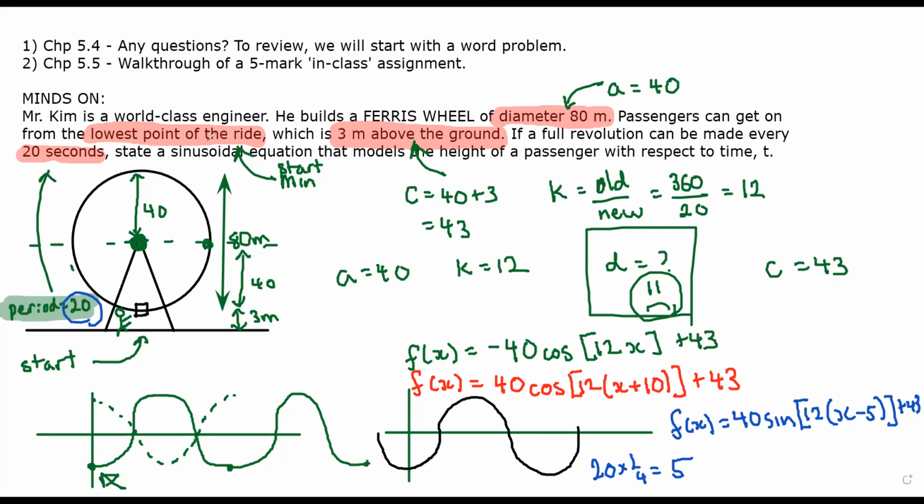So I'm going to assume everyone's okay with this. I'm going to walk through the 5 mark assignment. If you have the handout with you, you will see that the front and the back are virtually the same. The front and the back, though, have a different set of data points. The front, that we're going to do together, is a data set describing the height of water as there's high tide and low tide on a lake or something like that, or sea levels.